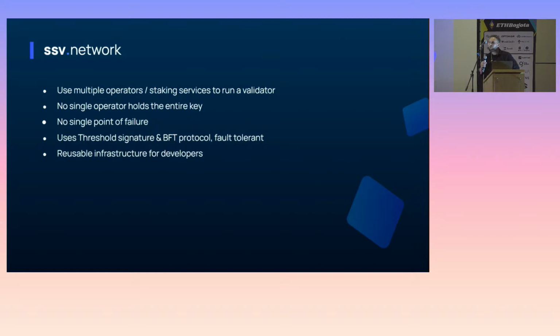No single operator holds the full key, so there's no single point of failure. We use threshold signatures and a BFT consensus protocol to coordinate duties between non-trusting parties in a way that builds fault tolerance within the protocol. And the best part is that it's a reusable infrastructure.